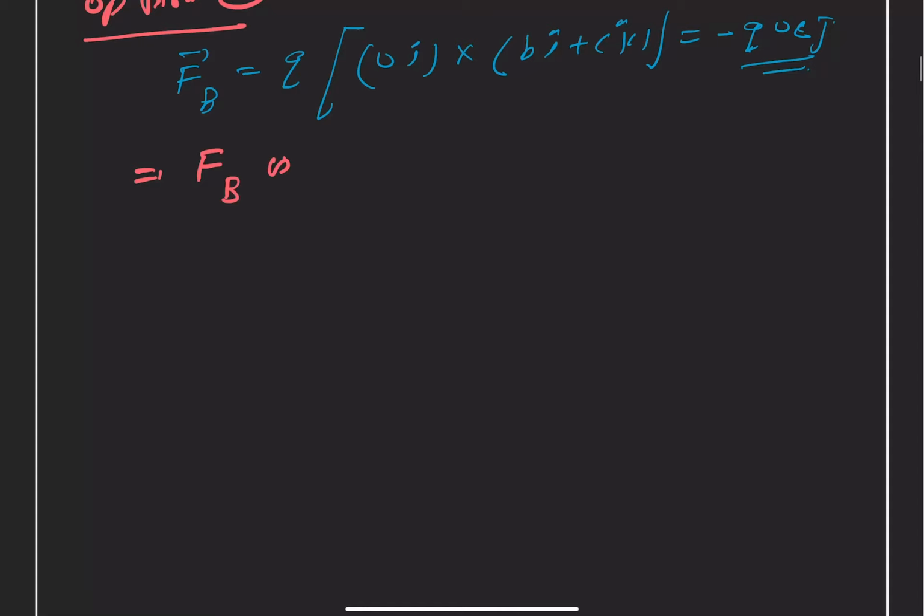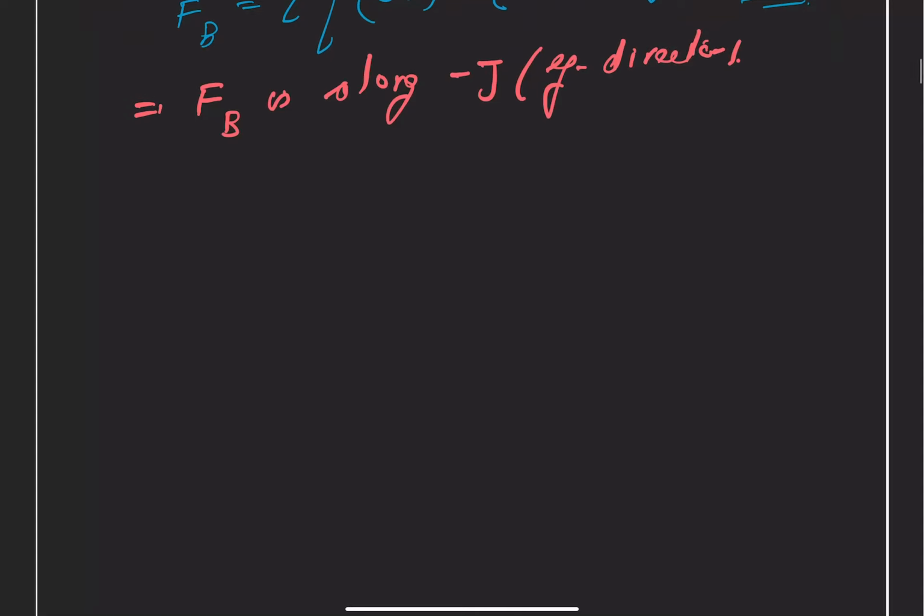Fm is along minus j, or we can say y direction. So it means there will be a circular motion in xy plane.